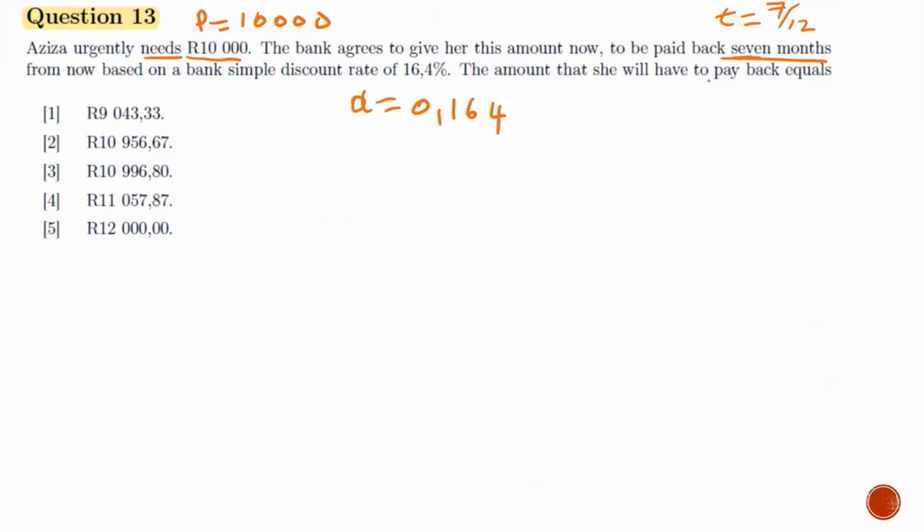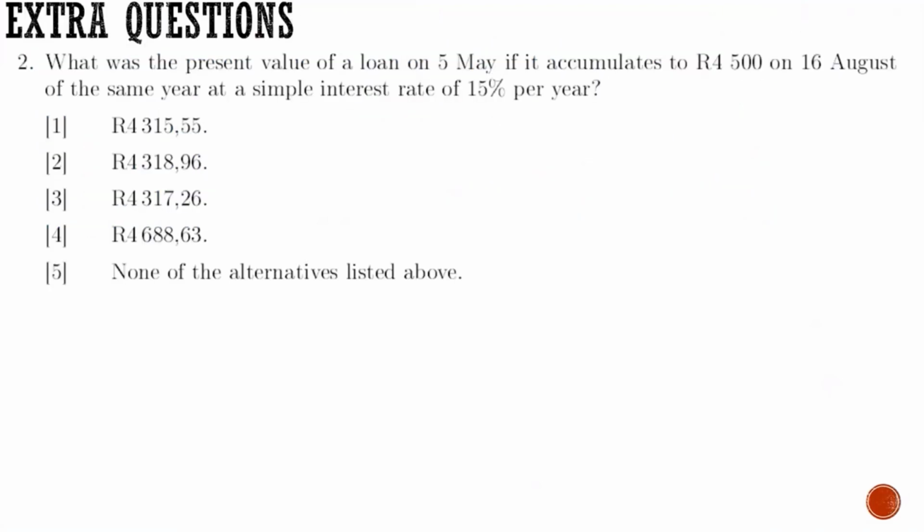She needs to pay back this amount in the future. So you need to get the formula, which is P is equal to S into 1 minus dt. Because I have broken things down, you can substitute everything here. What was important is to be able to read the context. Once you start getting used to how to read the context, it makes your life very easy.